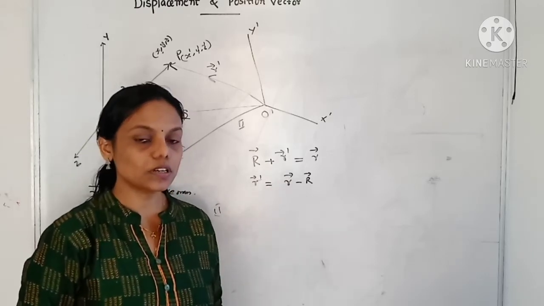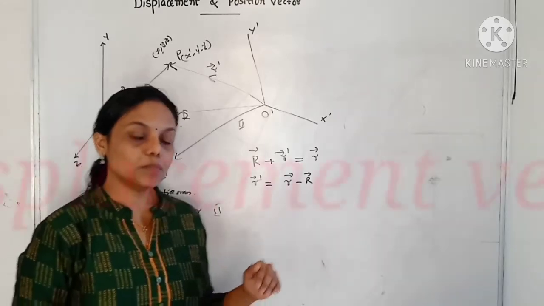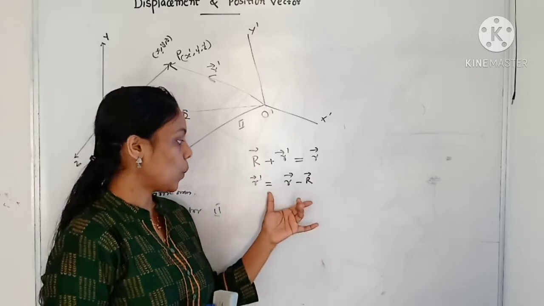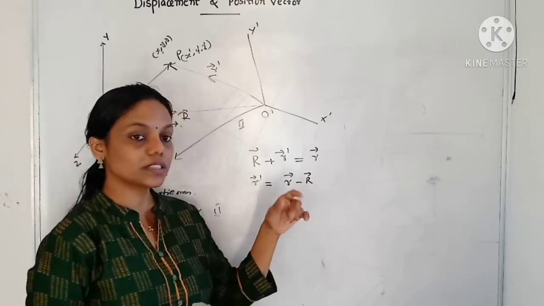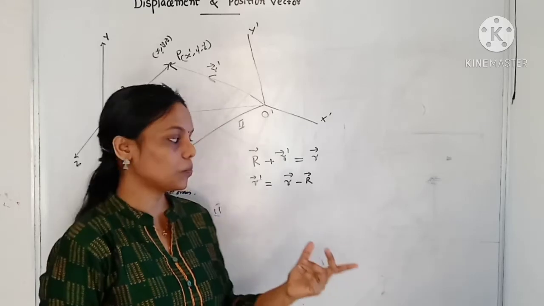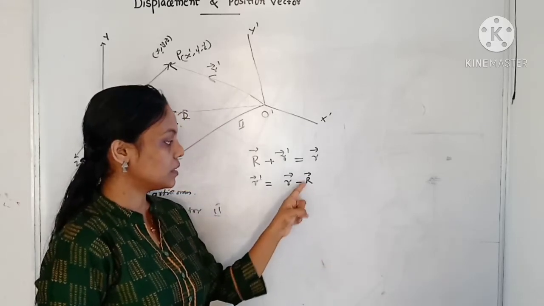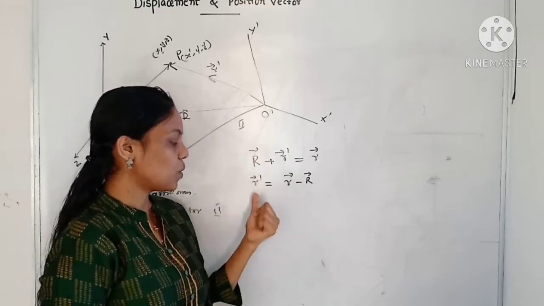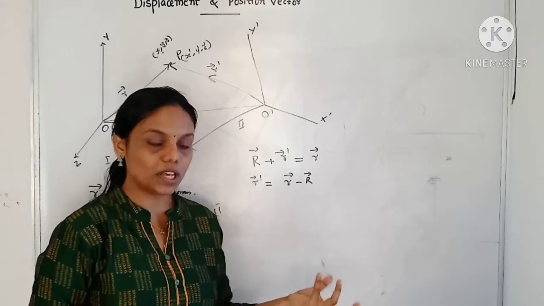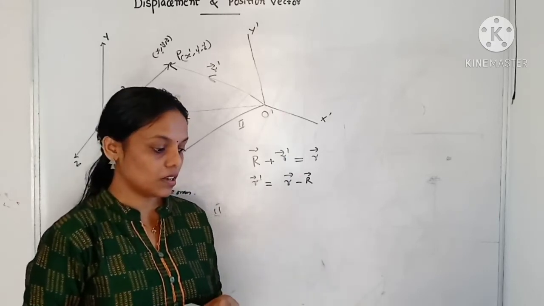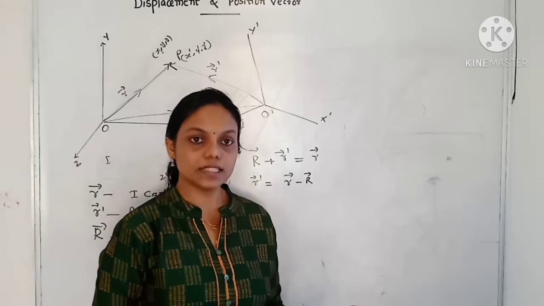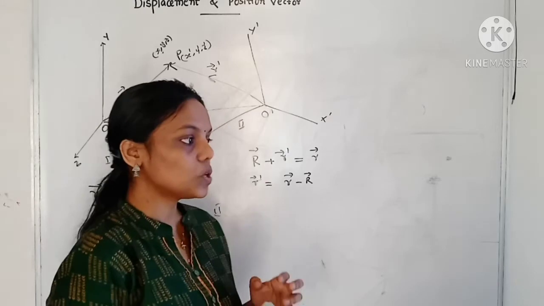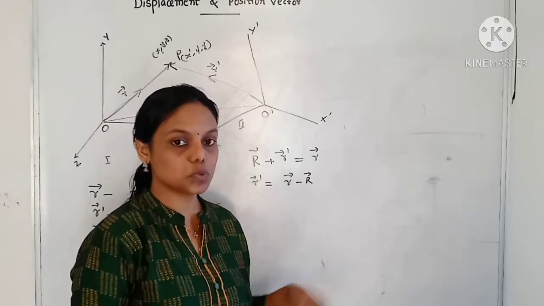When R changes, the primed coordinate will change, so it will depend on the coordinate system. We can prove, as we said, that S is a true vector. You can prove it by using the position vector.